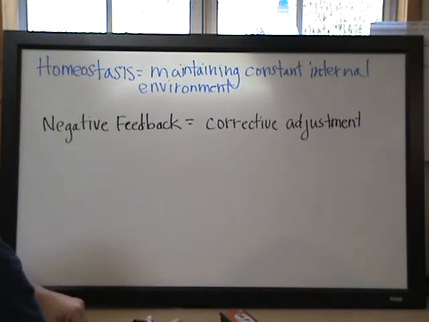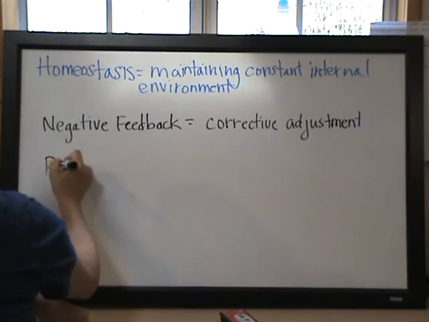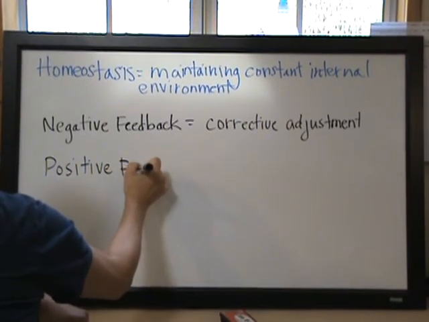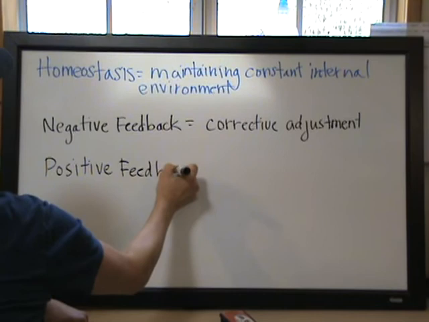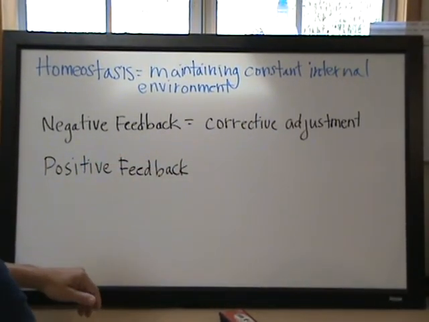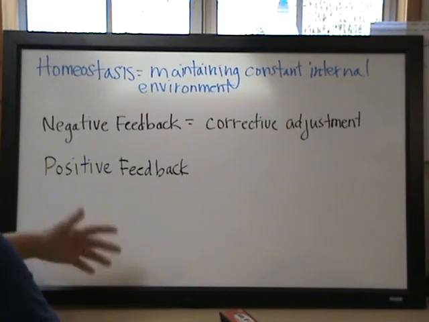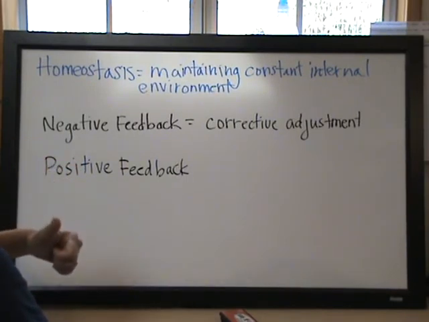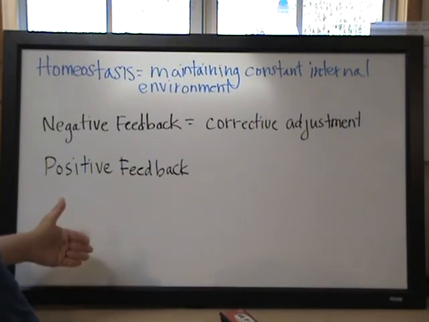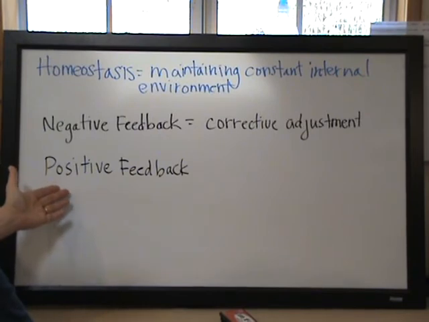There are also positive feedbacks in our body. This is much less common. It doesn't bring the condition back in the opposite direction; it goes in the same direction as it was going, away from normal. You might think, why would we want to do this? An example is when we're giving birth.